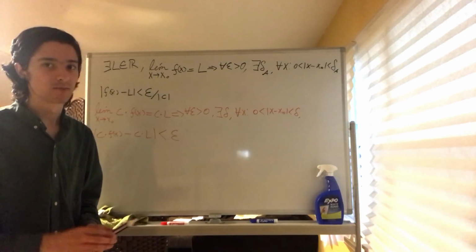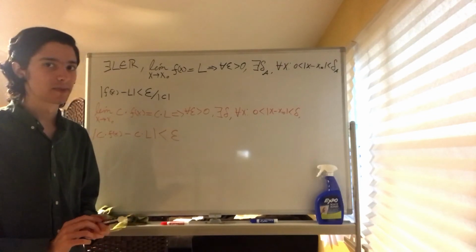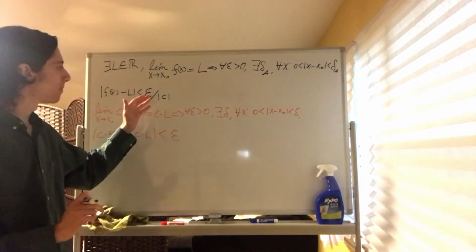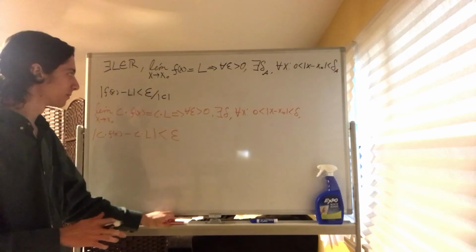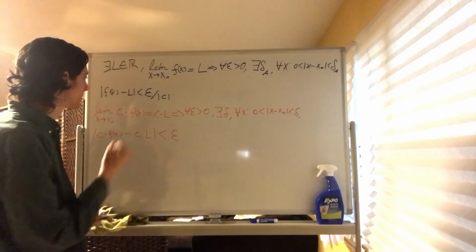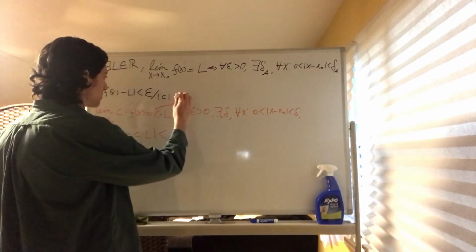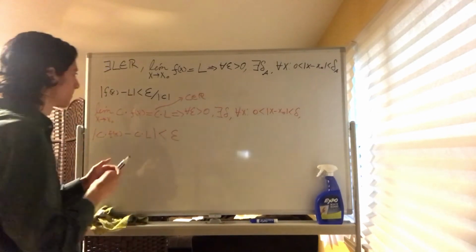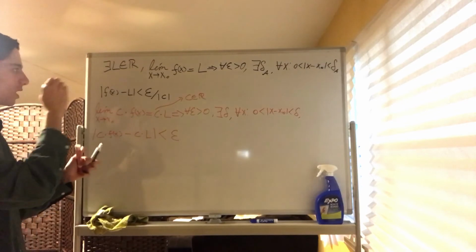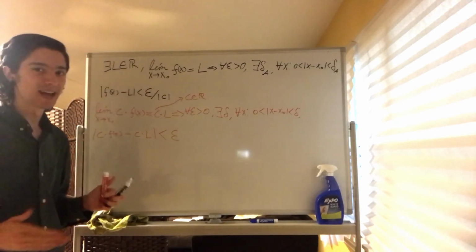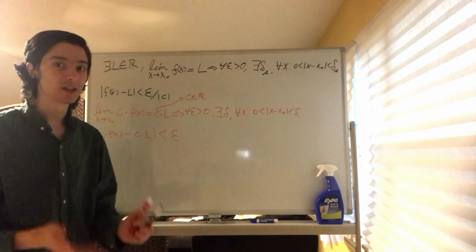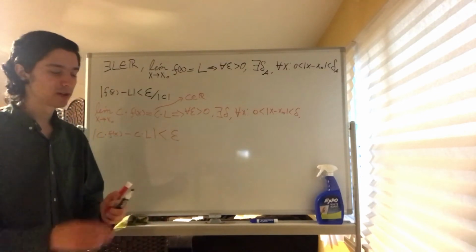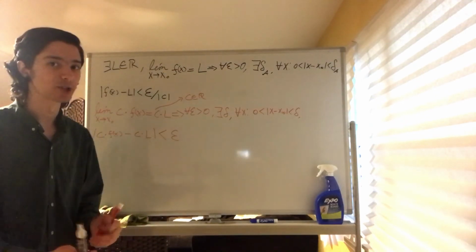So epsilon represents any positive real number, and epsilon divided by another positive real number, because our c is in the real numbers, is still a real number because the real numbers are closed under division.